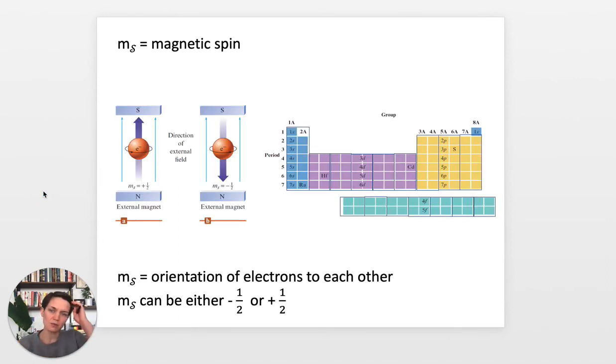Okay, the last one is magnetic spin, which is a really cool principle. Let's just keep it simple with an s orbital. I said s orbitals can house 2 electrons. So that's one orbital. You've got your nucleus, and then you have your electrons around it. And I'm saying that it can hold 2 electrons.